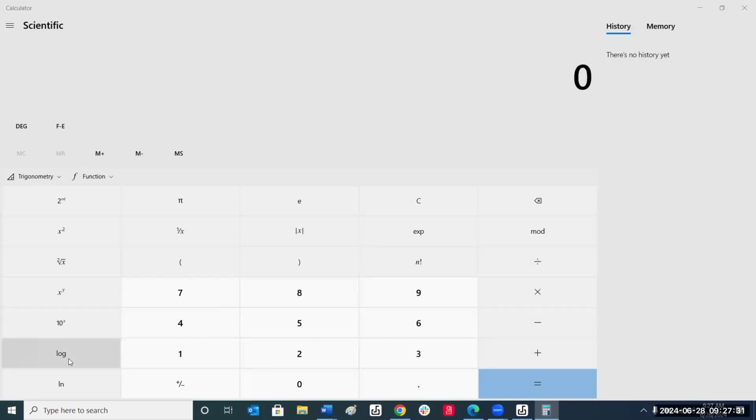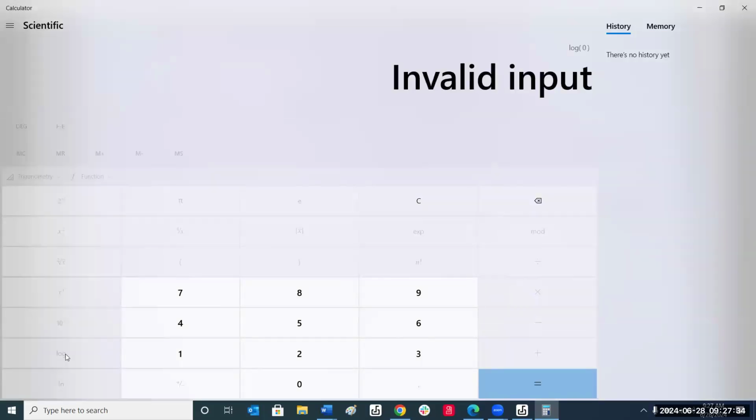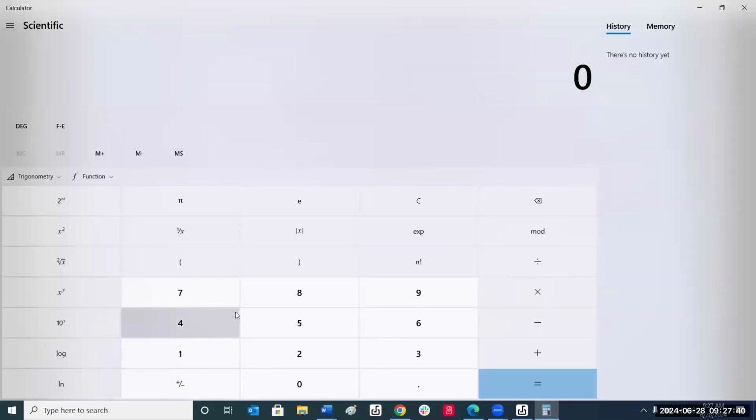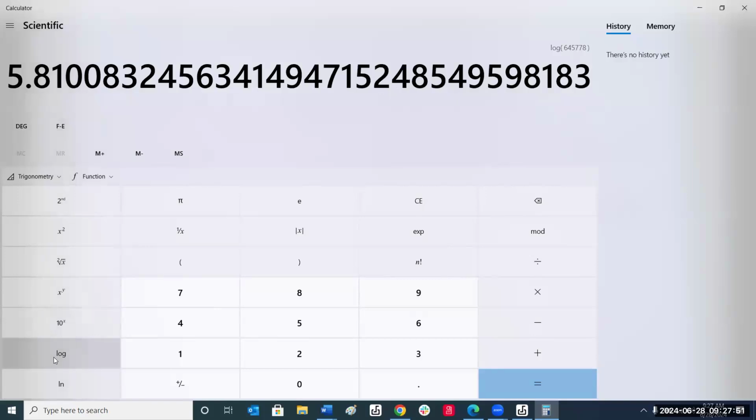If we just hit log first, we can't do that. So what we have to do first is put in a number, 645,778, and we take the log of that. So the answer is 5.81008.